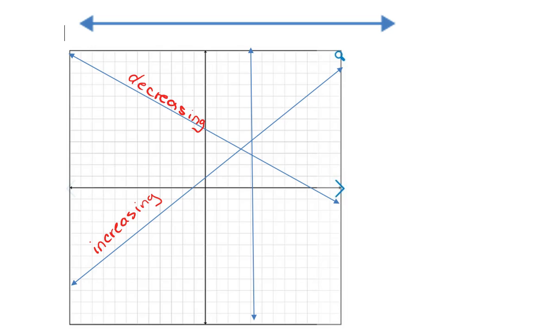This, of course, would be our horizontal. That's an H, not an N, horizontal. And here's our vertical, right? So this is going to be our vertical.